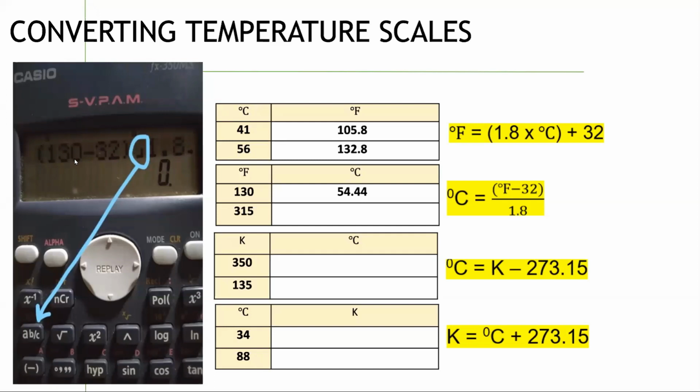If you do not put parenthesis, the 130 will not be paired with the 32 and will not be in the numerator. If you don't put it, you will get a wrong or different answer. That is why you put parenthesis. Next is 315.